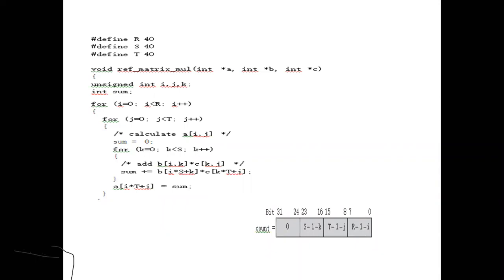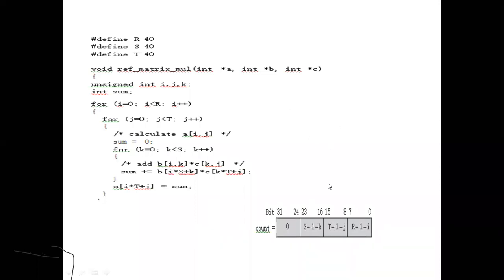So like this, a single register can be used to hold the values of multiple loops, right? We have multiple loops here, one, two and three, and the values of all these loops will be stored into a single register, and each value will occupy 8 bits. 8 bits means it is from 0 to 256, so you can have a matrix of size 256 by 256.